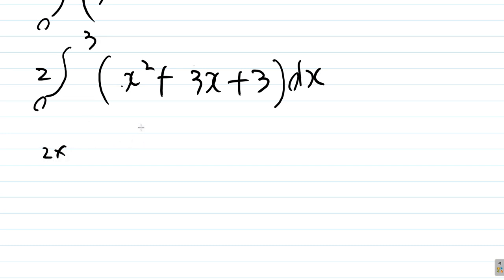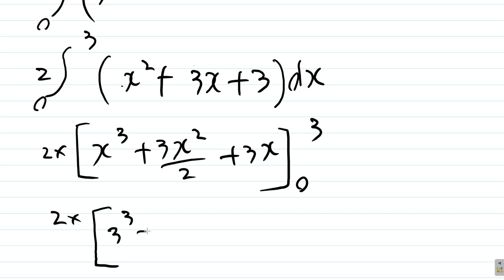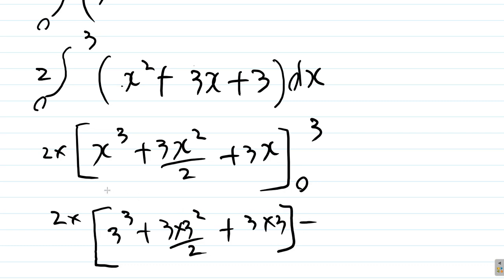So we have 2 times what now? Let's integrate: x cubed plus 3x squared over 2 plus 3x from 0 to 3. So we have 2 times what now? Well, x cubed is 3 cubed plus 3 times 3 squared over 2 plus 3 times 3, minus, it's 2 times everything, 0 cubed plus 3 times 0 squared over 2 plus 3 times 0.